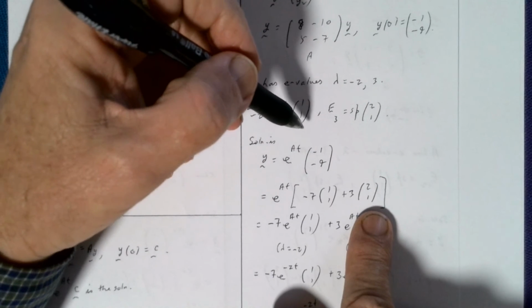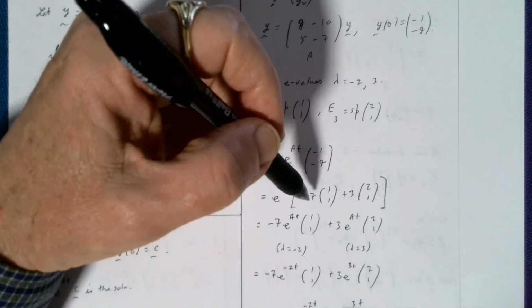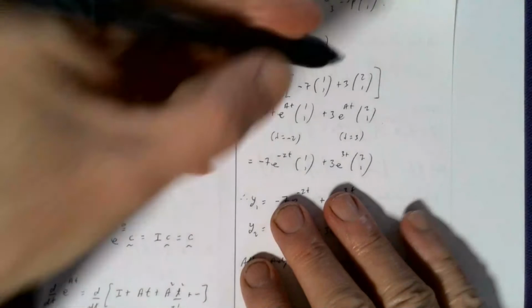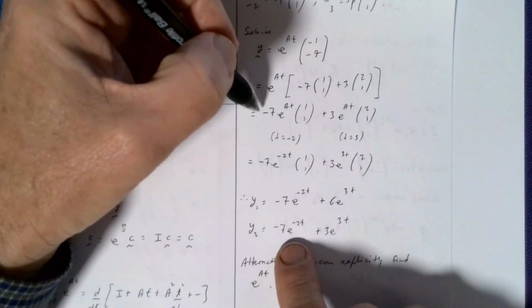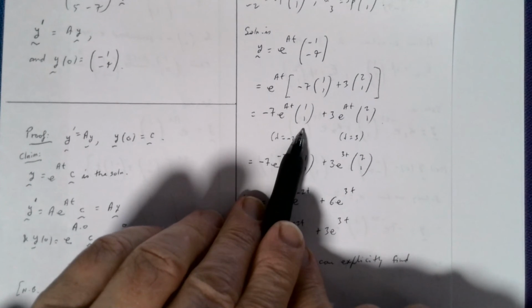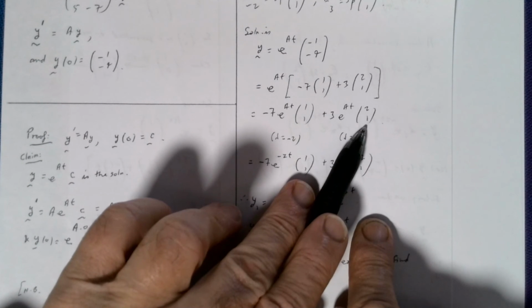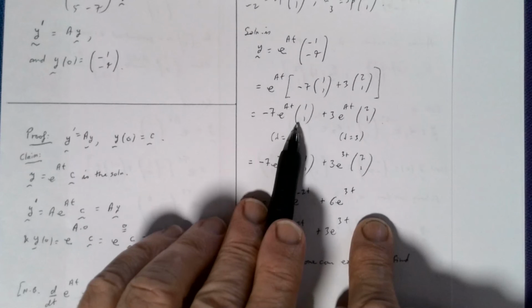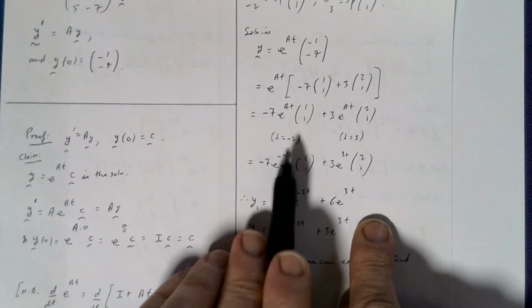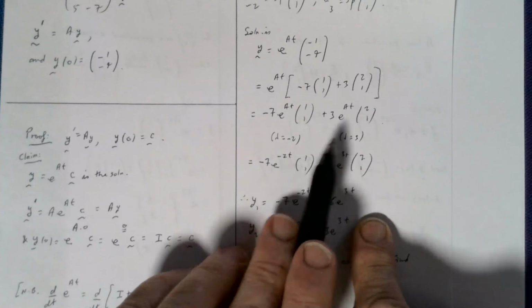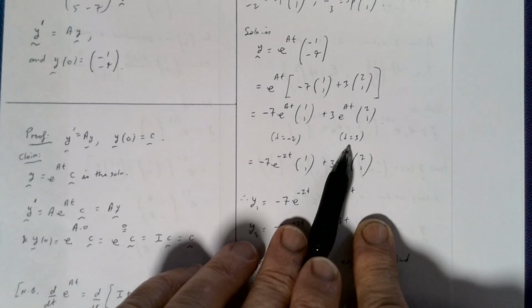Now, when I multiply this in, I can take that -7 out, and I just get e to the AT times 1, 1. I can take the 3 out, I get e to the AT times 2, 1. Now 1, 1 was the eigenvector for lambda is -2, and 2, 1 was the eigenvector for lambda is 3.